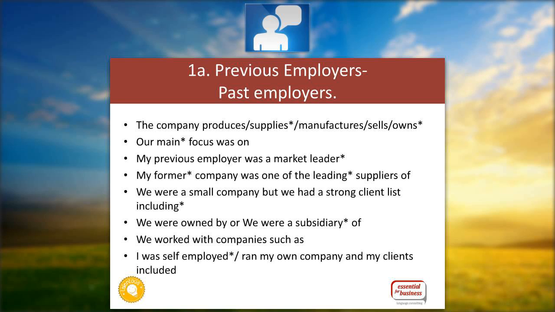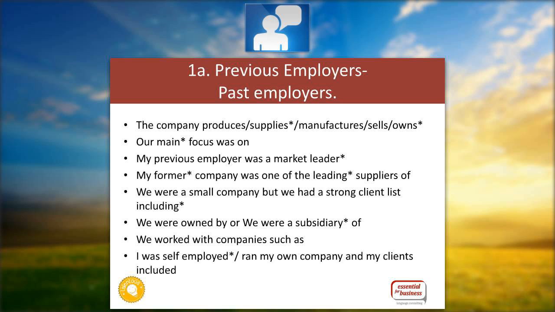Next sentence, my previous employer was a market leader. So, market leader should be quite obvious, hopefully to everybody. It's a noun. For example, we could say we have become clear market leaders in the pet food industry.